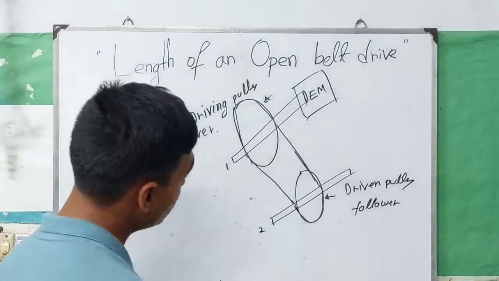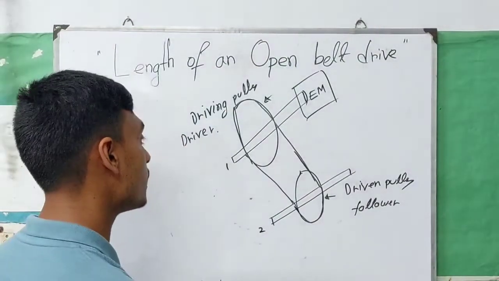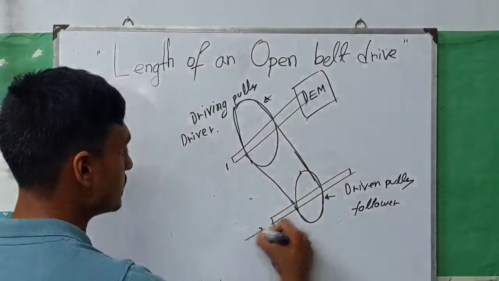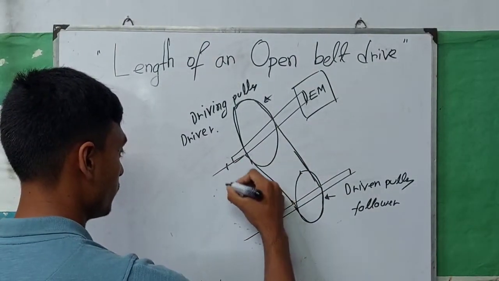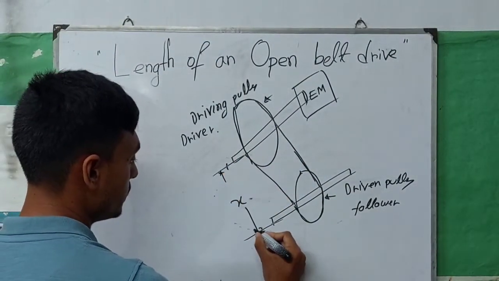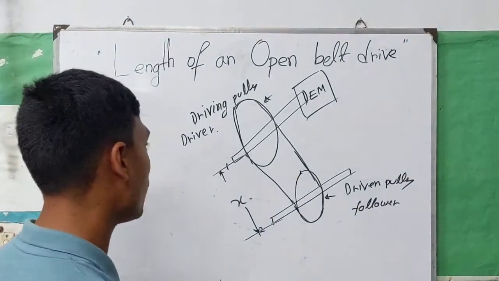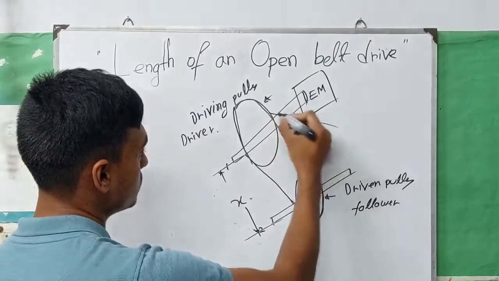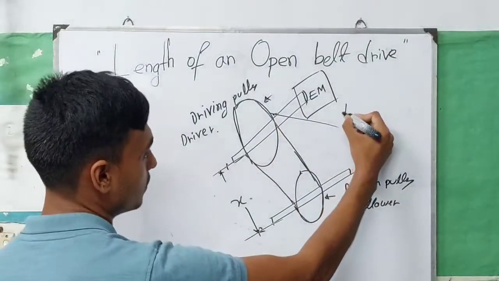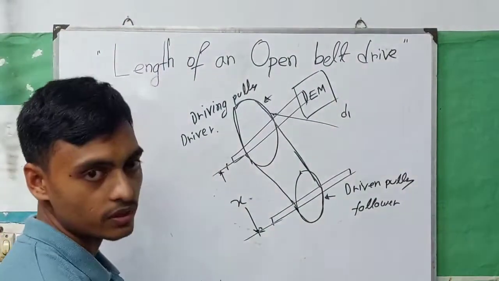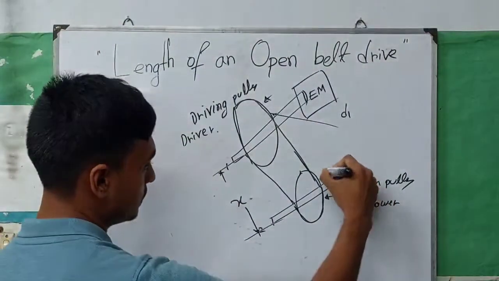We give you the information that the central distance between the two pulleys is x, the diameter of the driving pulley or driver is d1, and the diameter of the driven pulley is d2.